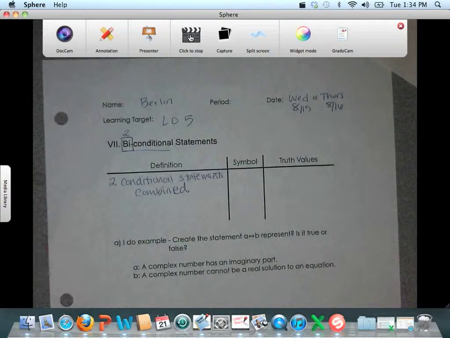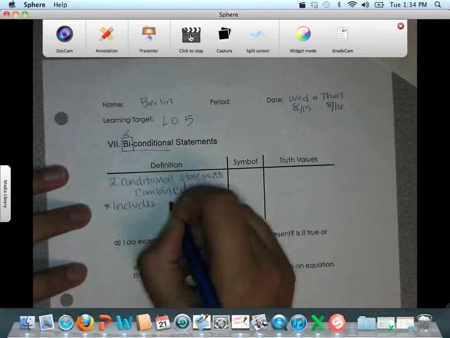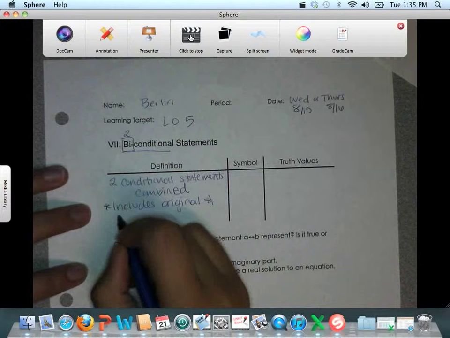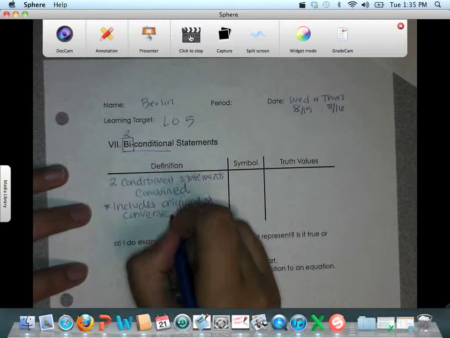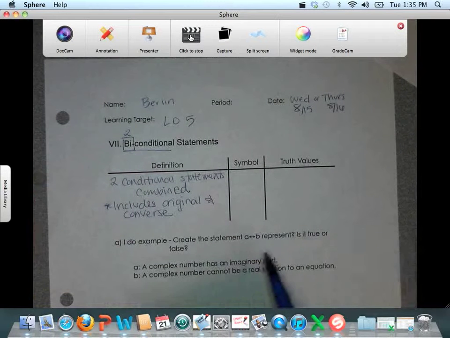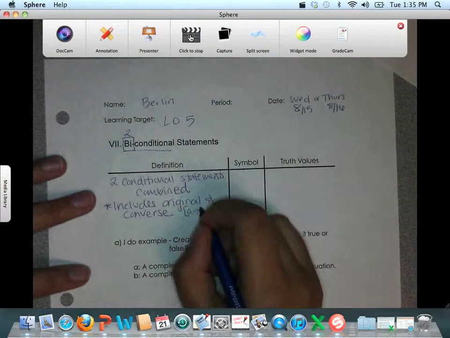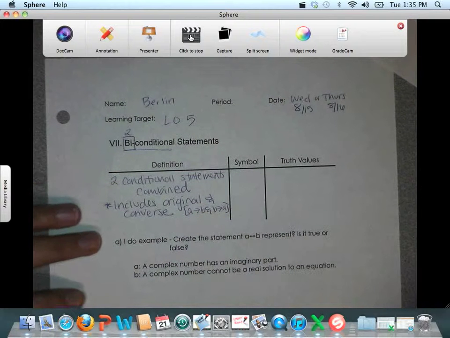In fact, it's two very specific conditional statements. It includes an original conditional statement and the original's converse. If you remember, converse means it's switched. So it includes, for example, A to B and then B to A. All right?